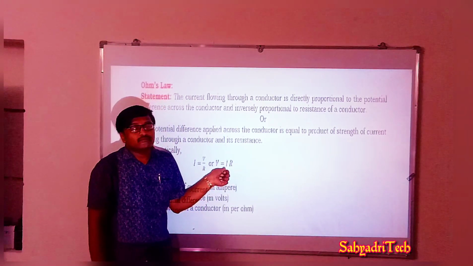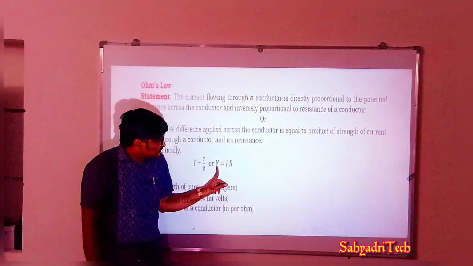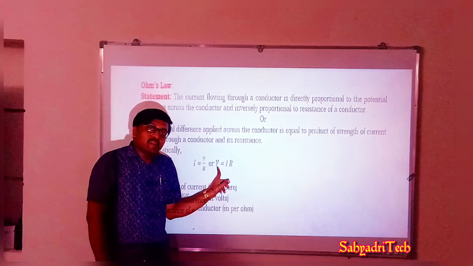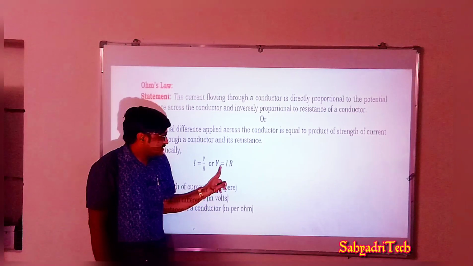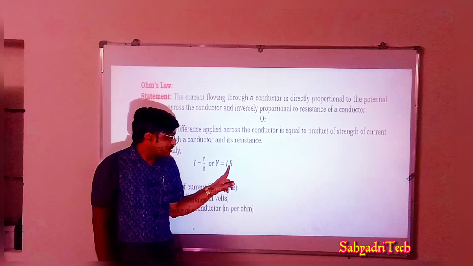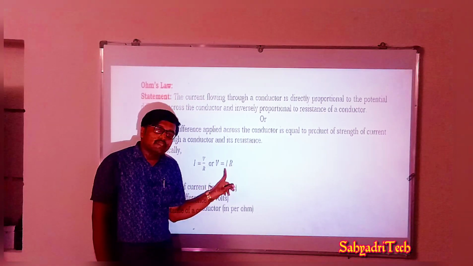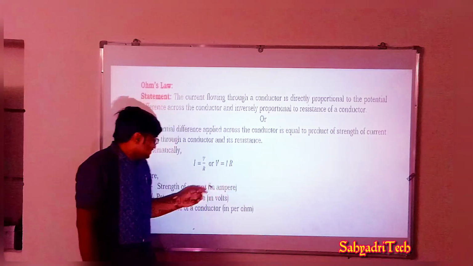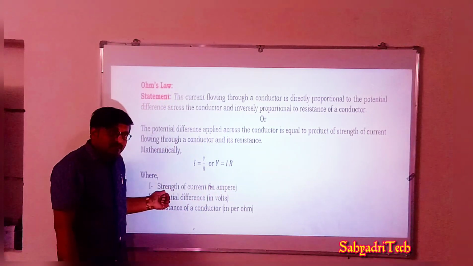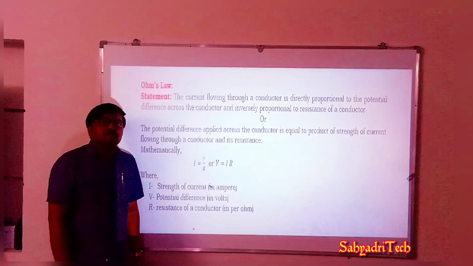So according to that, we can give another definition: V, the potential difference applied across the conductor, is equal to the product of I and R, where I is the strength of current flowing through the conductor and R is the resistance of the conductor.